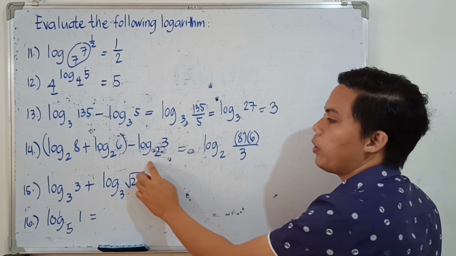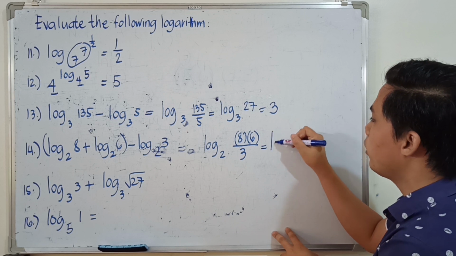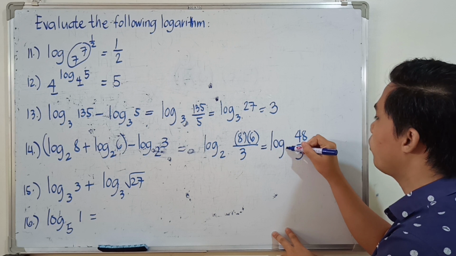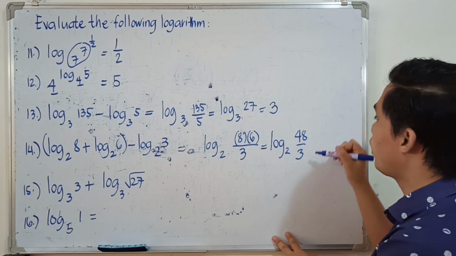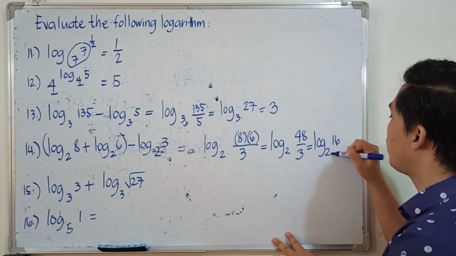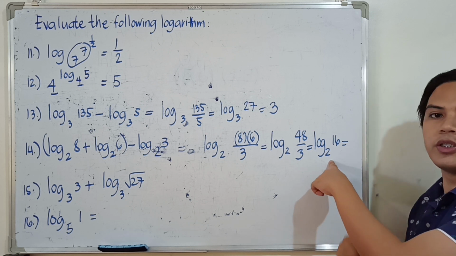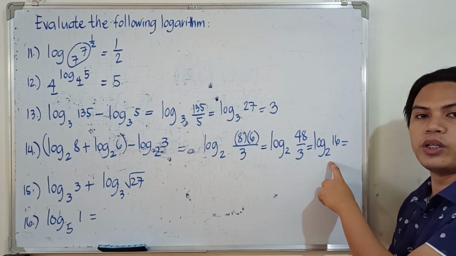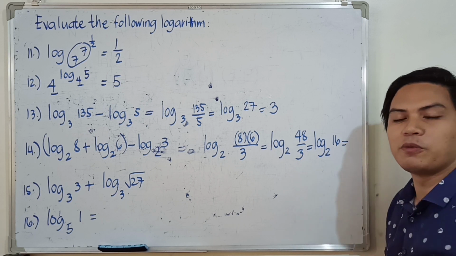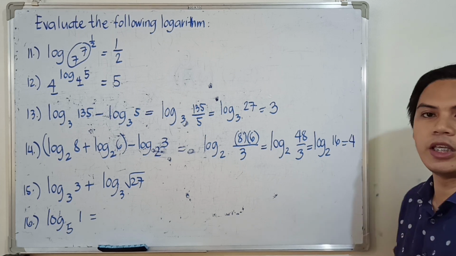And of course, we're going to copy yung same base nila, which is equal to 2. So, all we need to do is to simplify this one. So, we have the logarithm of 48 over 3 to the base 2. So that will be equal to the logarithm of 16 to the base 2. Okay? Ano yung magiging exponent supposedly ni 2? Kung saan, pag ang 2 ni-raise natin doon sa particular na exponent, magiging equal to 16. And that will be equal to 4. So 2 raised to 4, that is equal to 16.